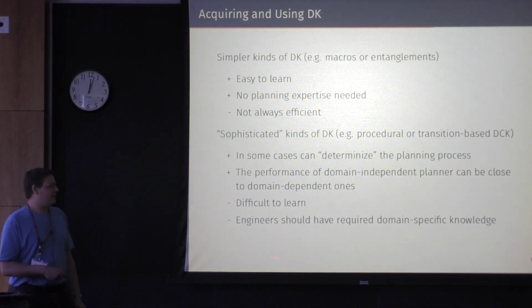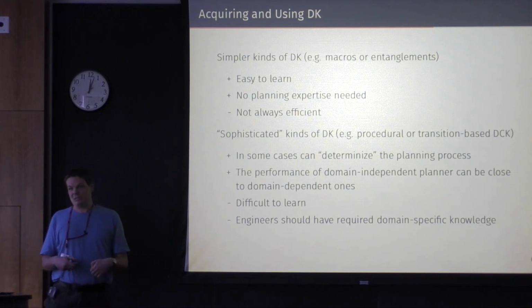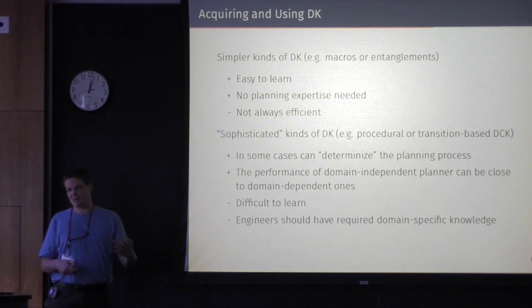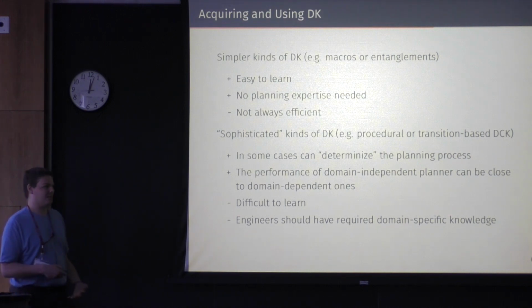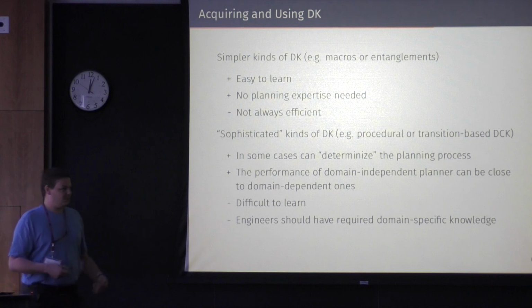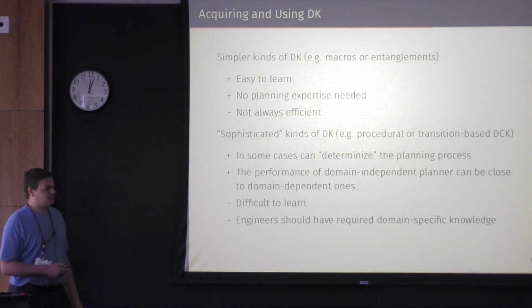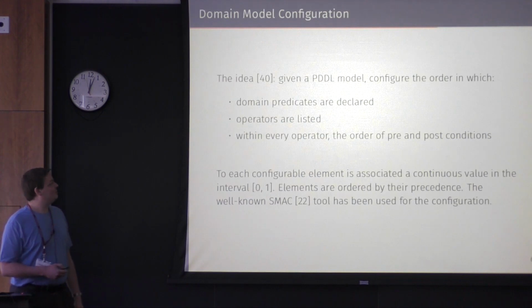And if you have to specify it manually, clearly you need some knowledge about the domain or about the shape of the plans. But if you have it, you can provide it to the planners, and the planning process can be considerably improved.